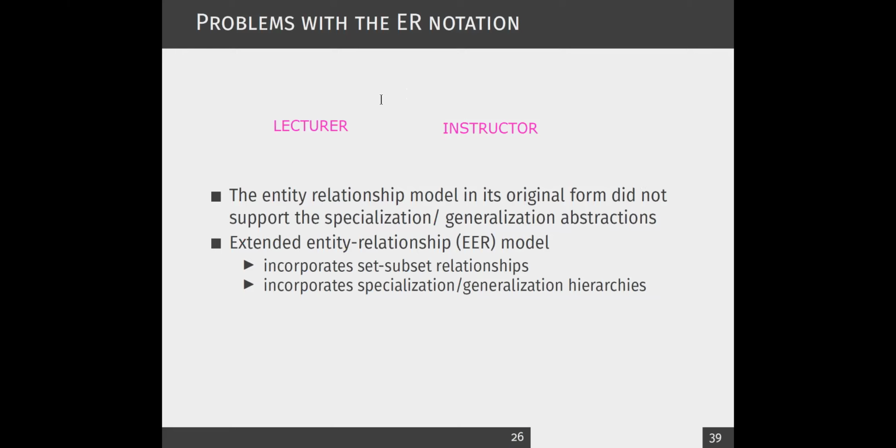So these are two entities, but then you can generalize, saying we can have person, because we know a lecturer is a person and an instructor is also a person, right?